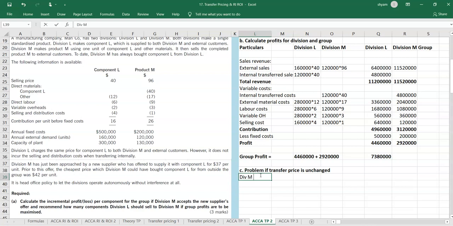Okay, so division M will purchase all of the 1,20,000 units from the external supplier.